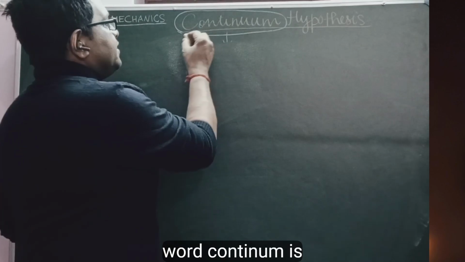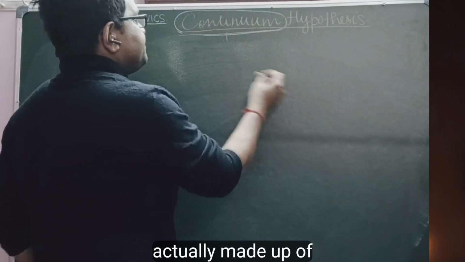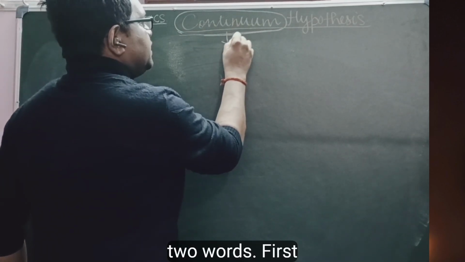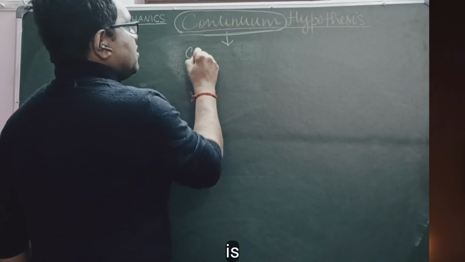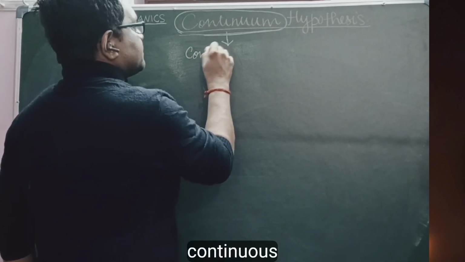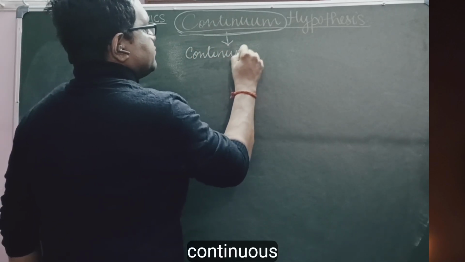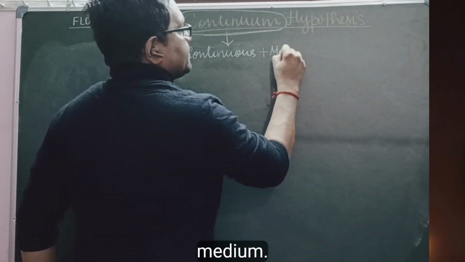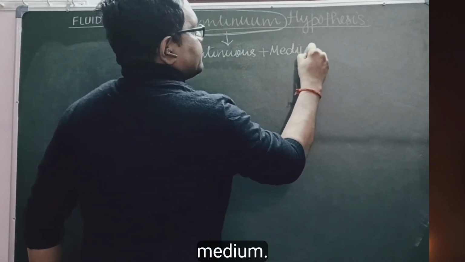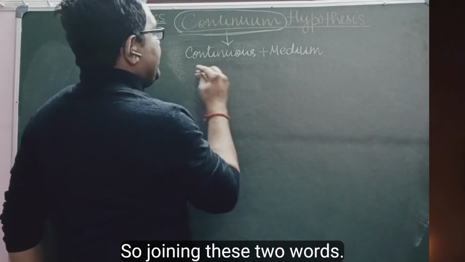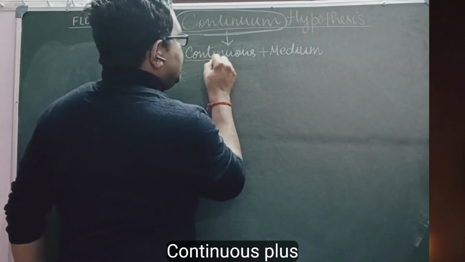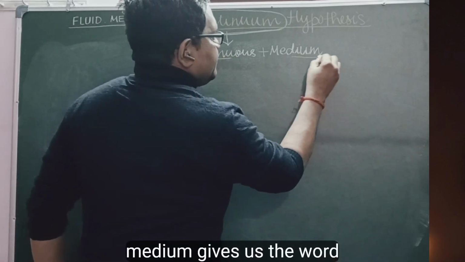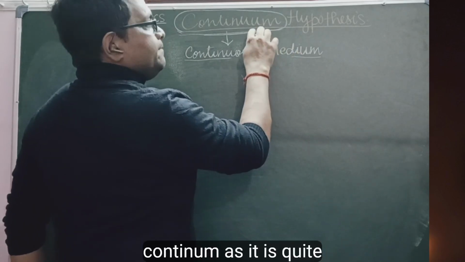The word continuum is actually made up of two words. The first is continuous and the second word is medium. Joining these two words, continuous plus medium, gives us the word continuum.